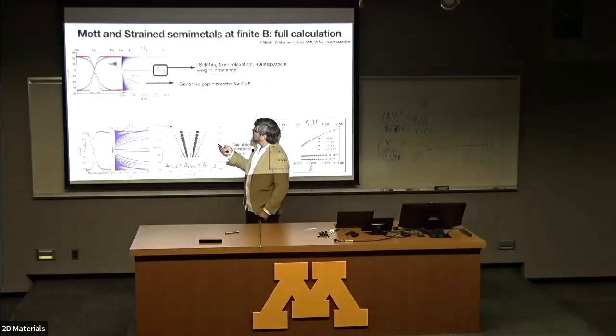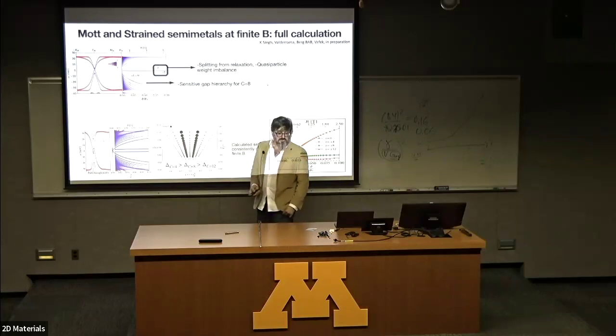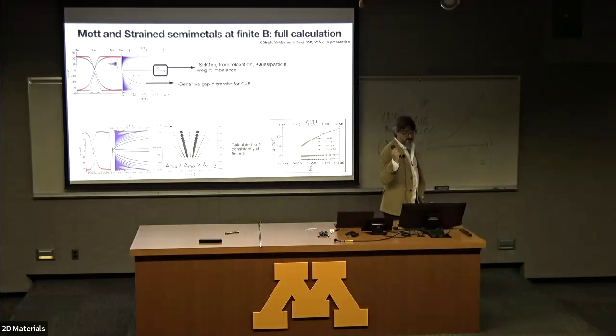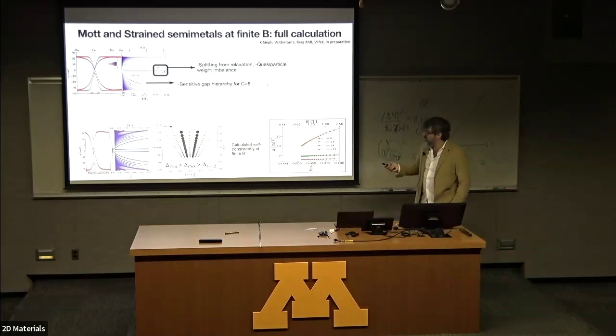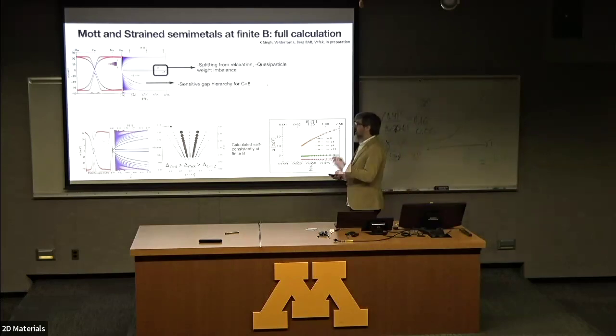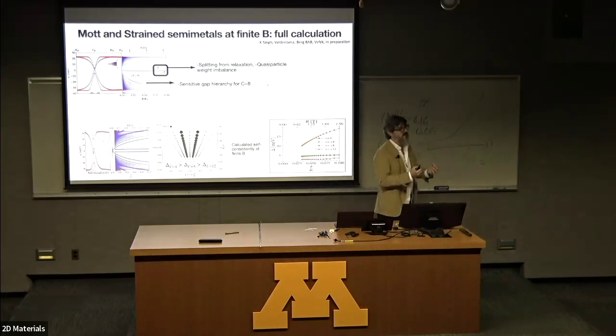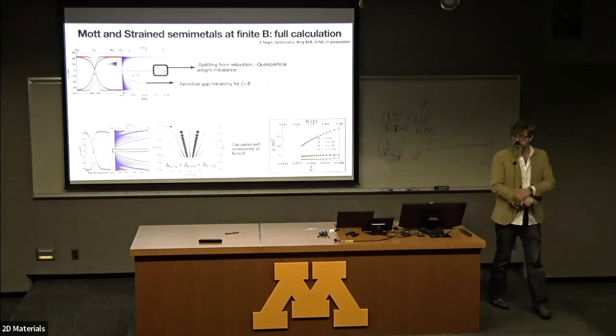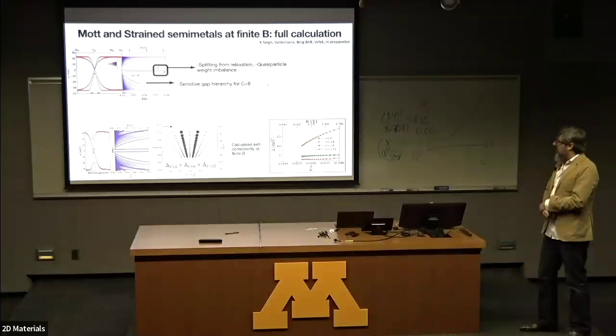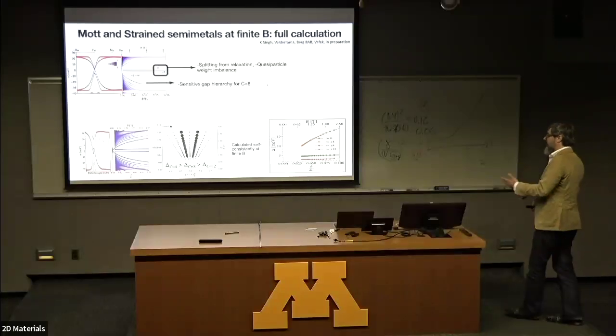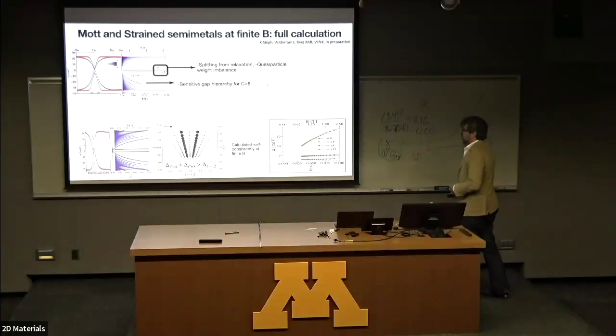The C equals 12 gap is also large, and the C equals 8 gap is sensitive to the magnetic flux, so you can see how it moves around with the flux. For the Mott semi-metal, that is the case, whereas in the strain case there's always, no matter what you do, a hierarchy where the C equals 4 gap is larger than C equals 8, which is larger than C equals 12, and this just has to do with the way you split the double vortex and Dirac fermions.